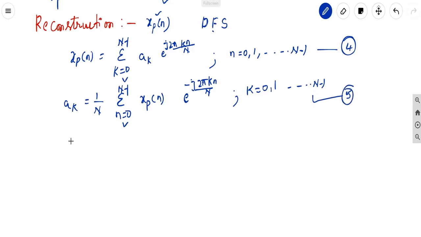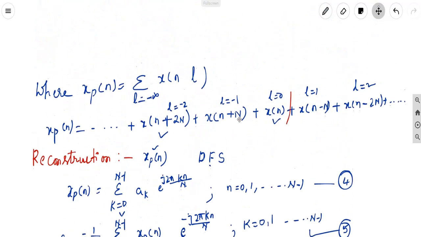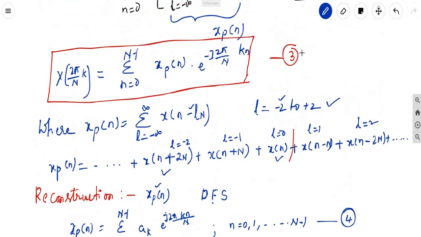Now we will compare equation number 3 and equation number 5. Please compare these two equations. If you compare, this term and that term will be cancelled.